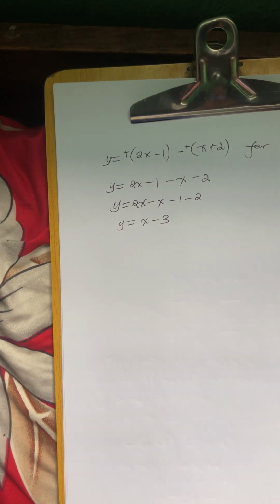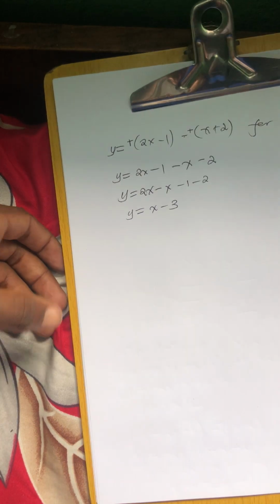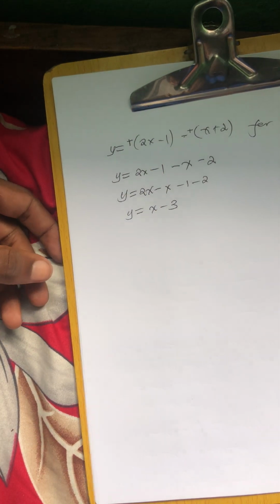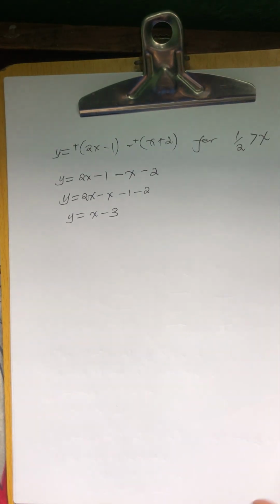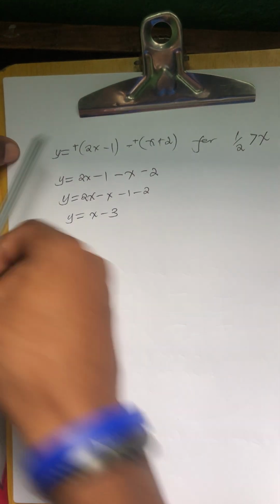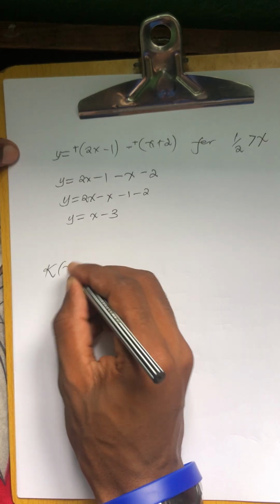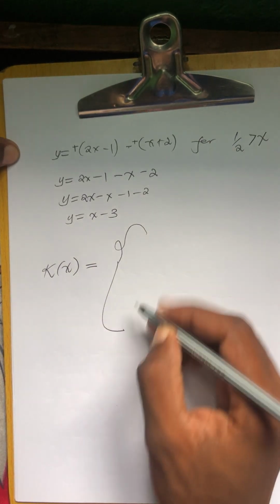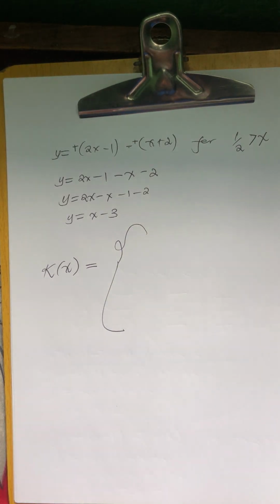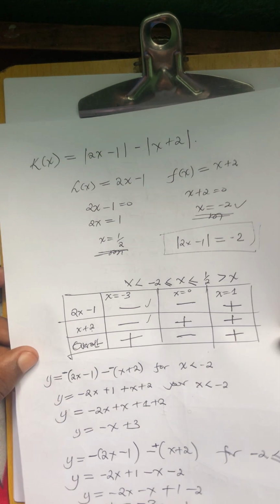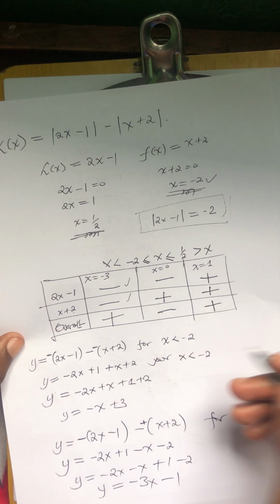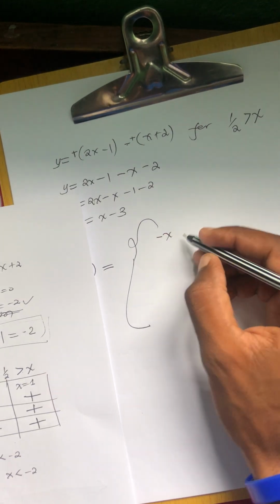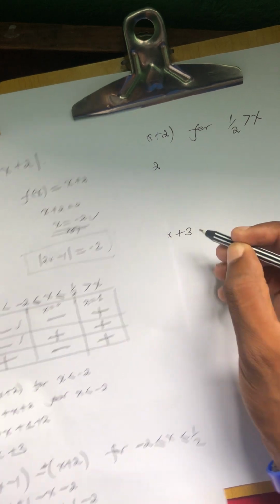Okay. So now we have redefined this modulus function. So it's now k of x, which is equal to, for the first region where x is less than negative 2, it gave us negative x plus 3.